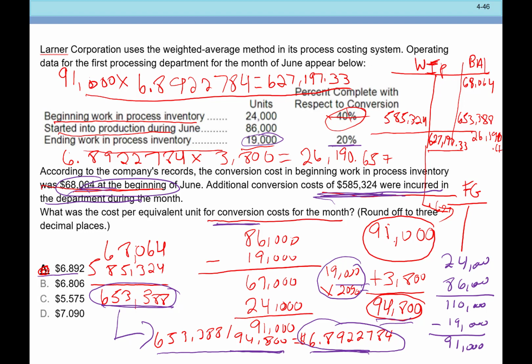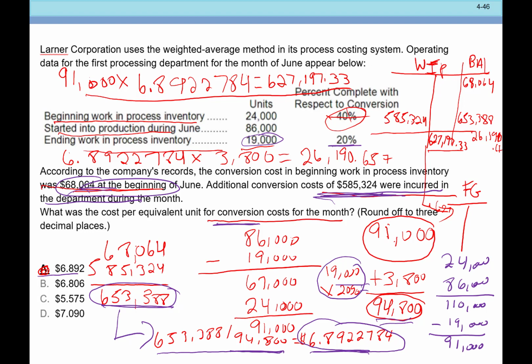Okay, so we've got this 94,800. We're good with that, right? Then we take the cost from the beginning inventory and the costs that were added for the period. That's our total cost that we are going to allocate now to our amounts transferred out and to our ending inventory.